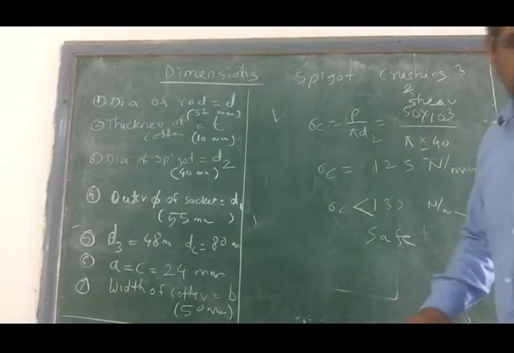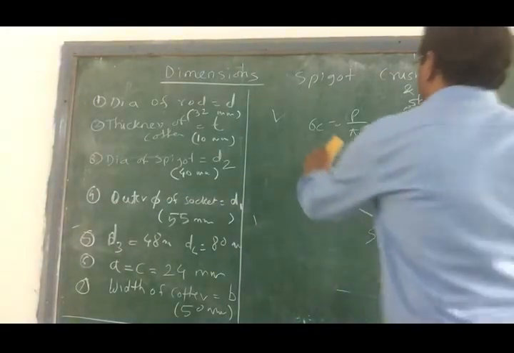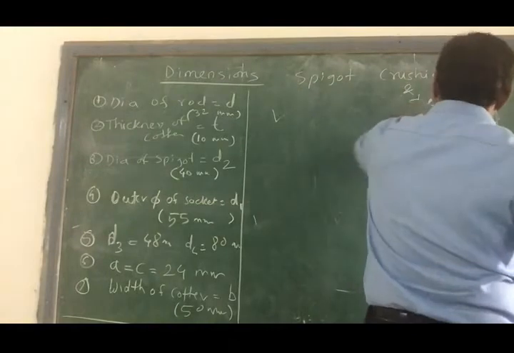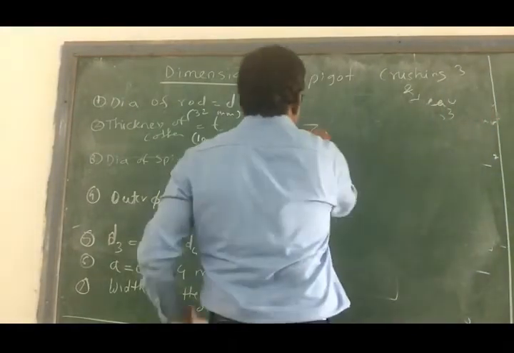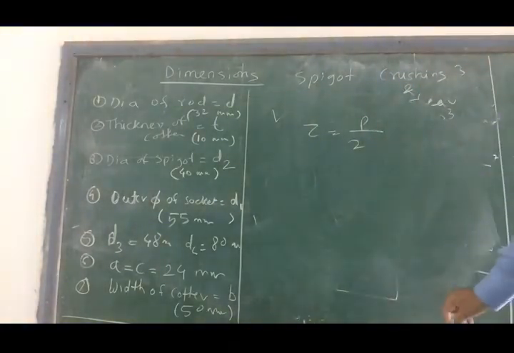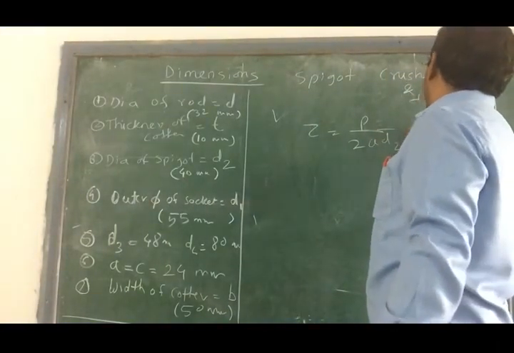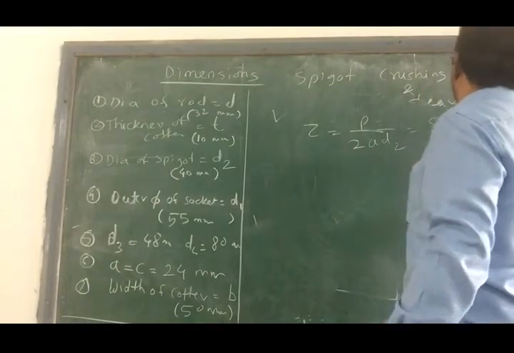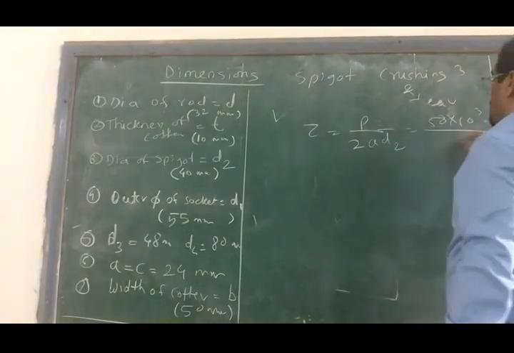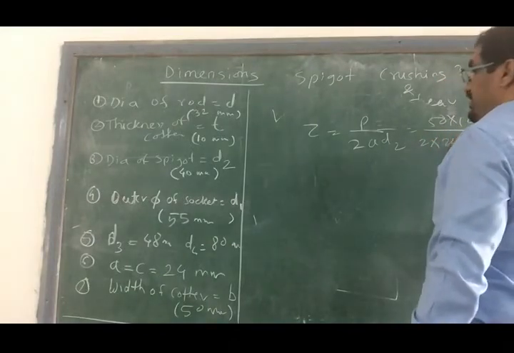Okay. And now tau is P upon 2AD2. Similarly, tau is P upon 2AD2. So here 50 into 10 raised to 3. What is twice into A? How much did you get? 24, and D2 is 40.